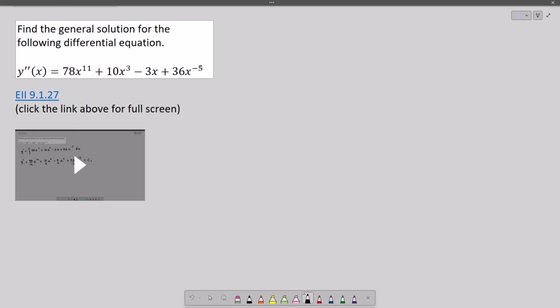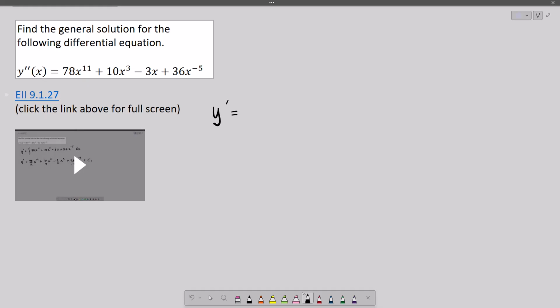So with the differential equations, this is the easiest type of differential equation because the derivative piece of it's isolated. And so the strategy is to integrate twice. So if we want to find the function that satisfies this differential equation, we do it in steps.